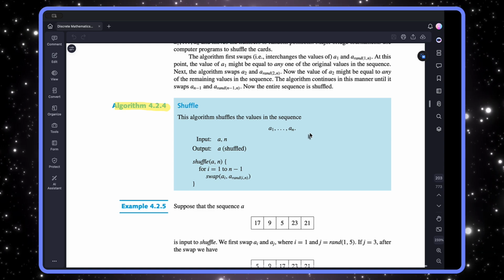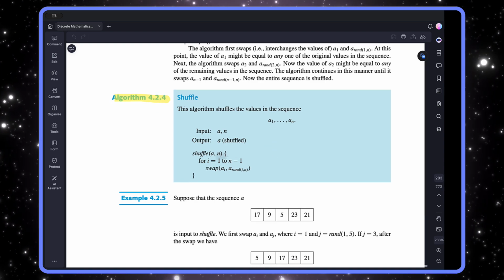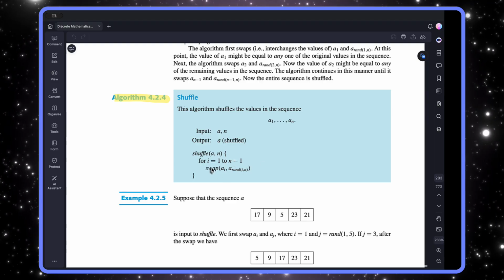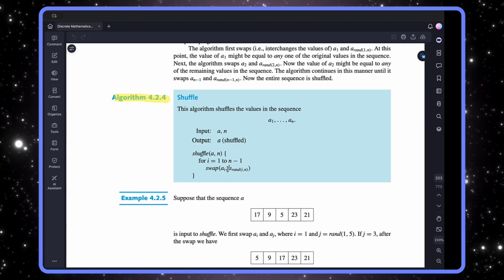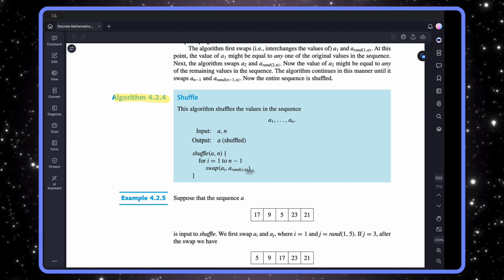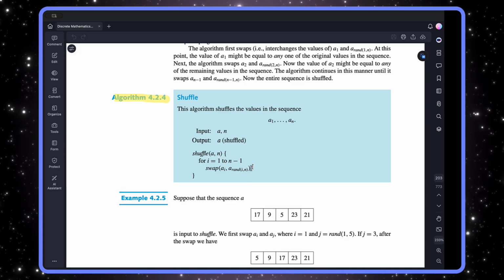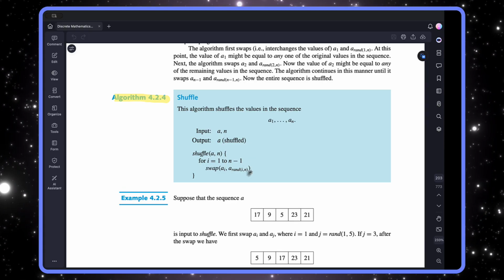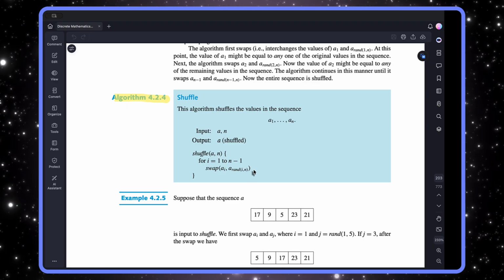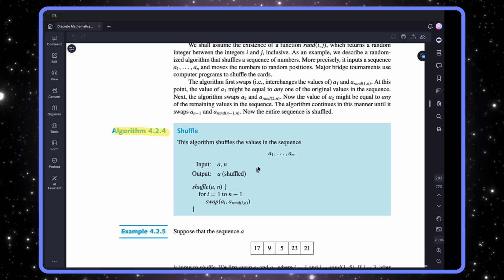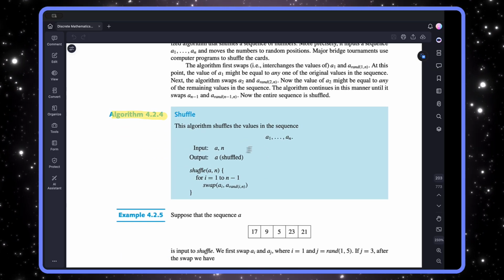So for I equals 1 to N minus 1, it swaps A sub I and some element chosen at random between I and N, I believe. But I should probably read the definition. But that's a shuffling algorithm.